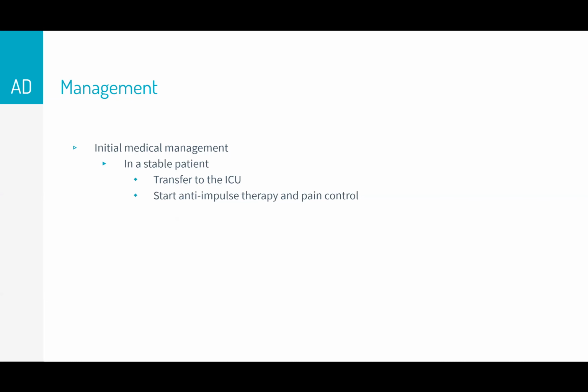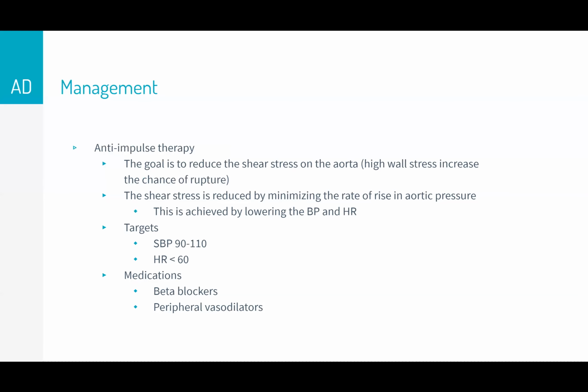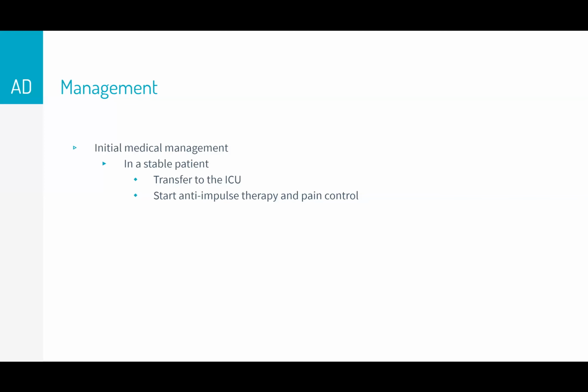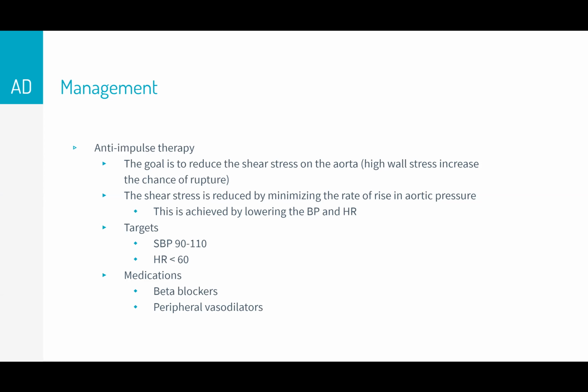For a stable patient, as we said, you would transfer him to the ICU, connect him to intensive monitoring, and start what is called aortic dissection anti-impulse therapy and also pain control. These are the two modalities for medical management in both type A and type B.